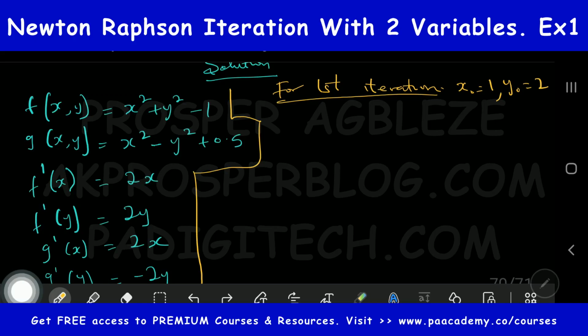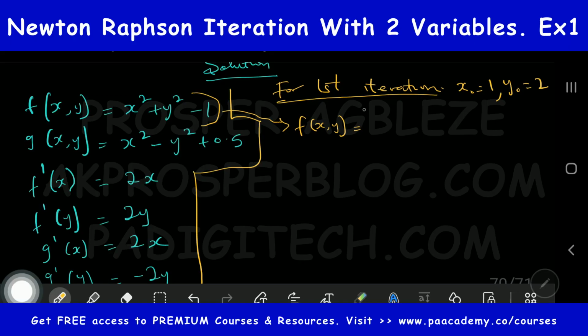So let me bring it here and do it for this first part. Our f of x comma y is equal to x squared plus y squared minus 1.